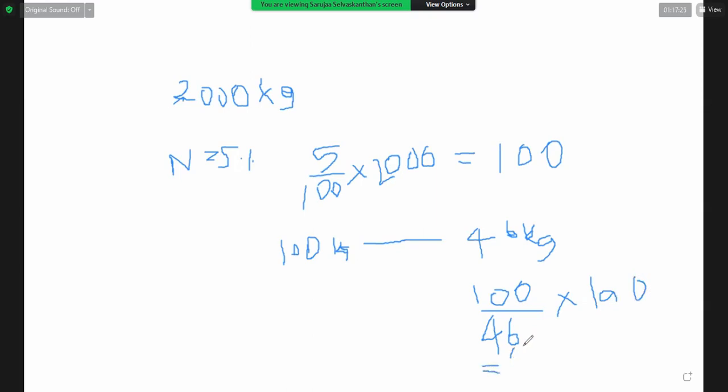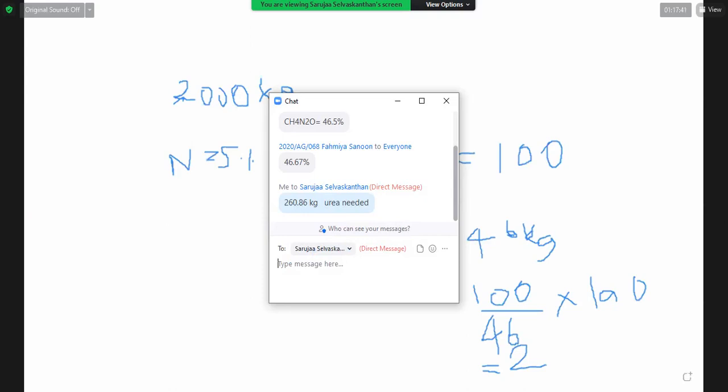How much? 920? No, 900? One student put the message correctly. Xavier, how much? 214.27 kilograms. Okay, 200 and 14.27 kilograms.